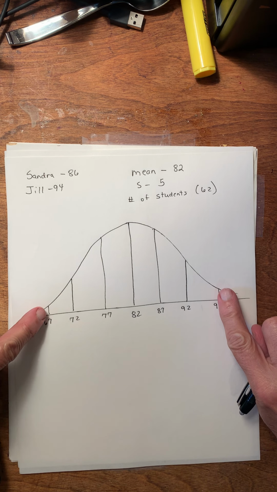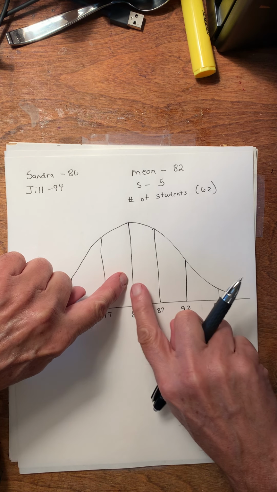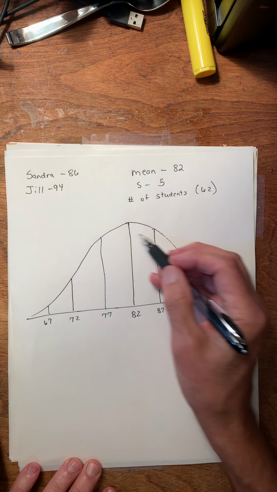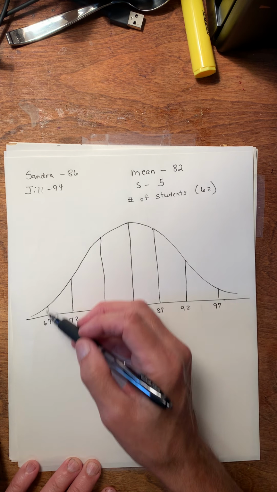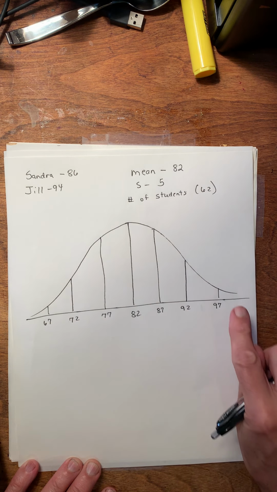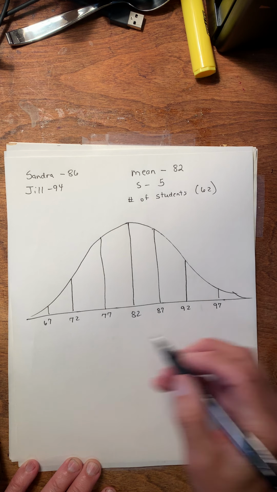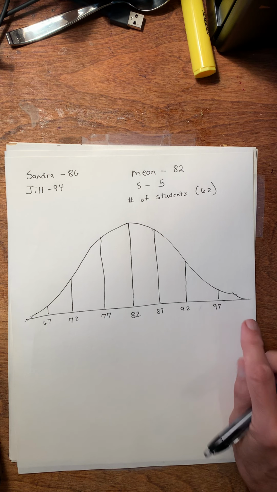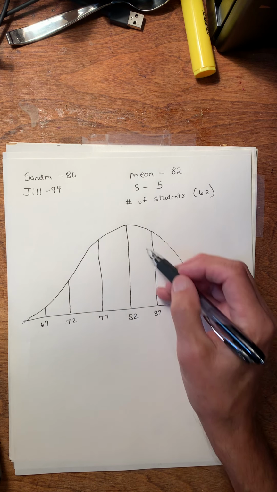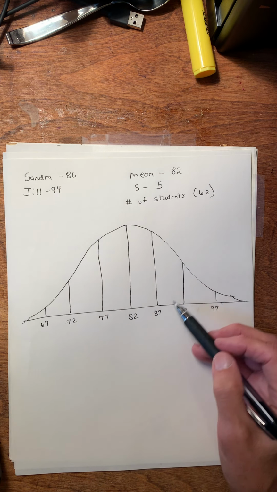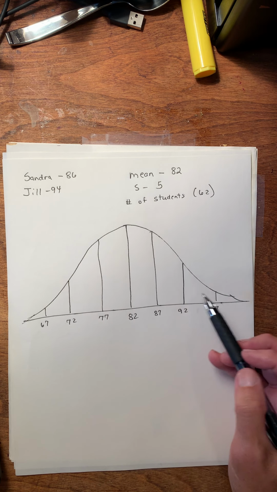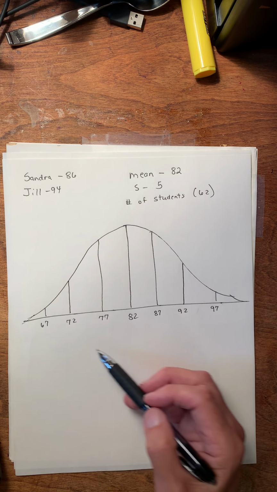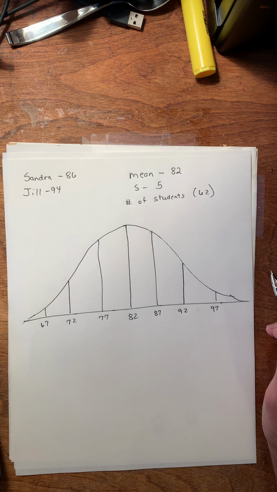Between 3 standard deviations below and 3 standard deviations above, this will make up almost all of 99%. Just a rare occurrence. Something will come below 67 or above 97. So again, 68% in here, 95% within 2 standard deviations, 99% within 3 standard deviations.